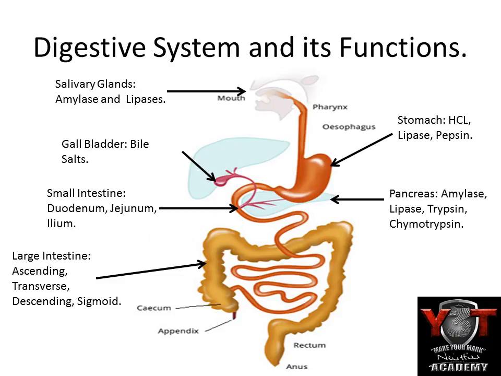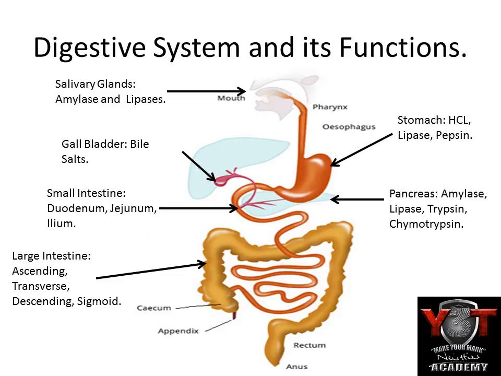Then we've got our two glands near our liver, the gallbladder and the pancreas. The gallbladder produces bile salts, and the pancreas, as well as being an endocrine organ, also produces amylases, lipases, trypsin and chymotrypsin. So we're acting on carbohydrates, fats, and proteins there. They share what's called a common bile duct.